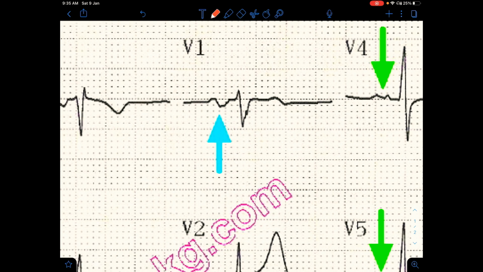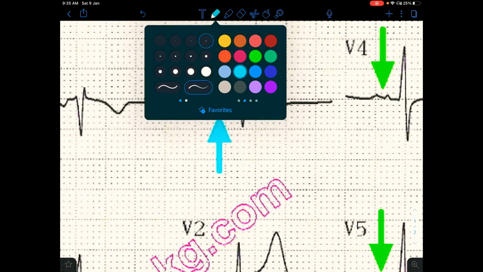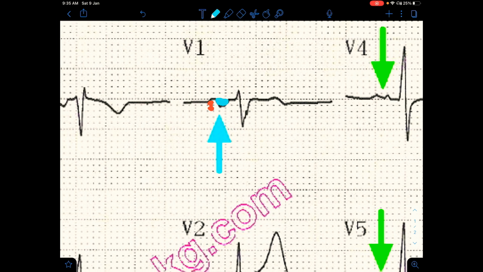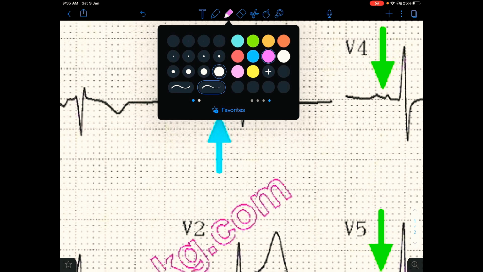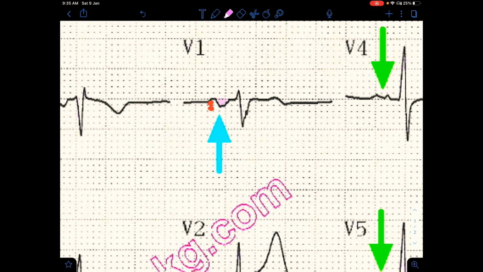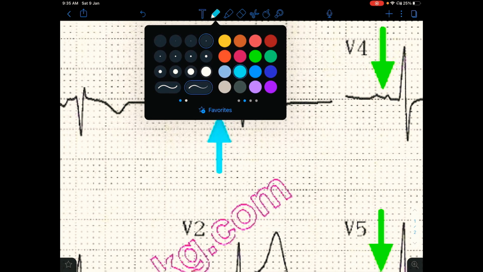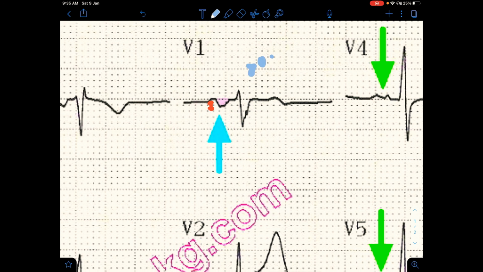Now we check lead V1. In lead V1 the negative component is more, so we have to check the area of the negative component. Let me highlight it. This area: if it's more than 0.04 millimeter seconds, we consider it Morris index positive.